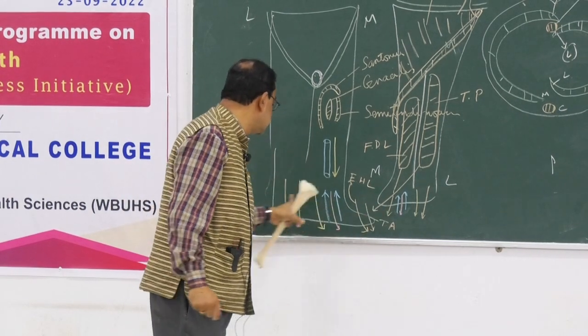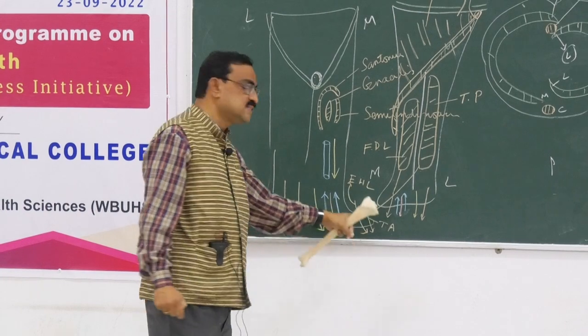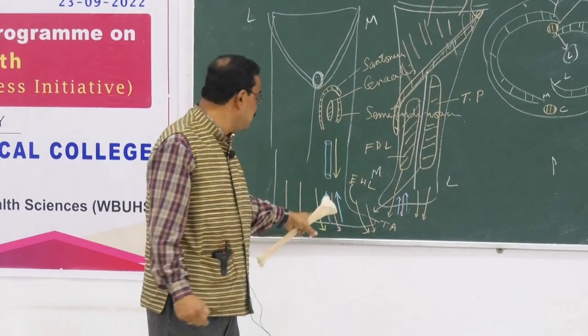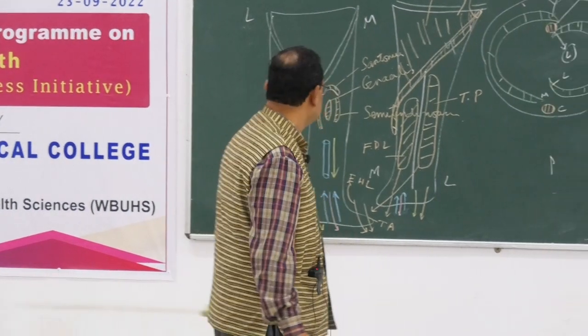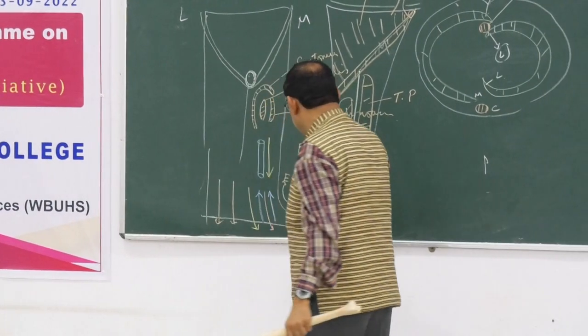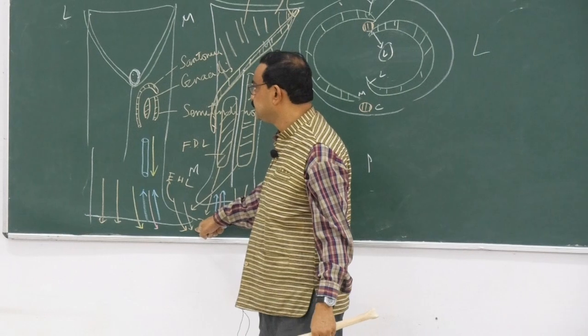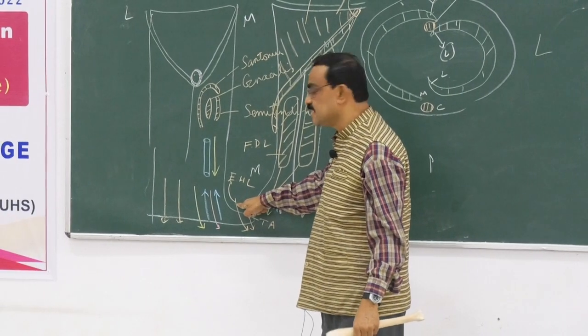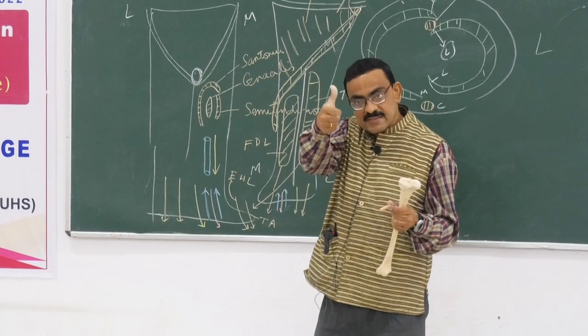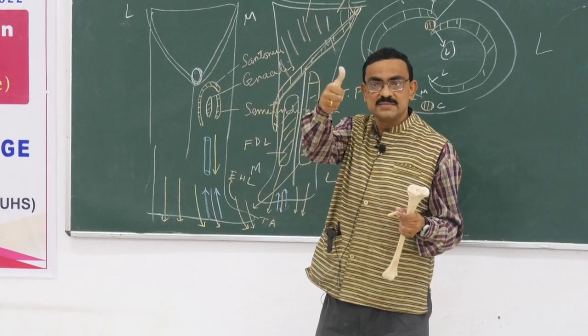Two tendons are on either side, and in between are the artery and the nerve. The first tendon is the tendon of the tibialis anterior. Then extensor hallucis longus, extension of the hallux or the great toe.